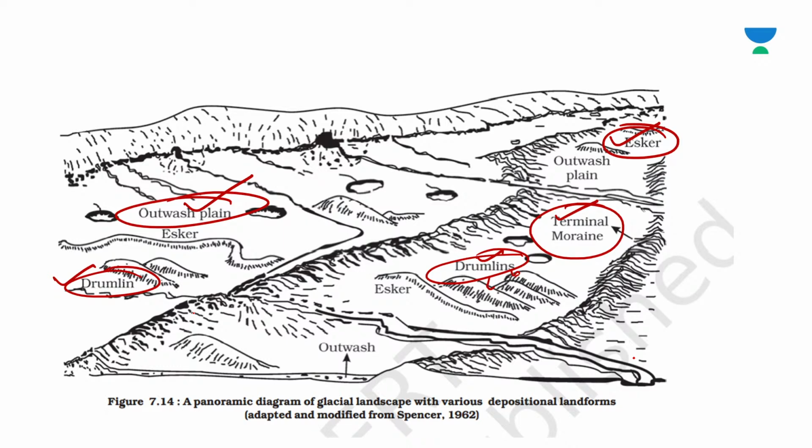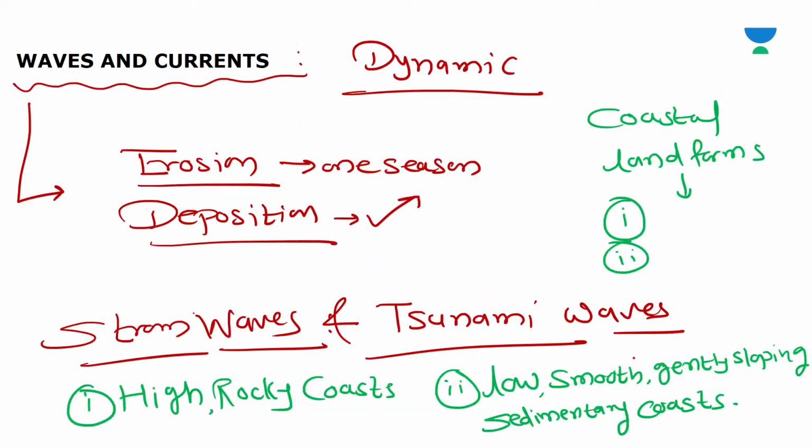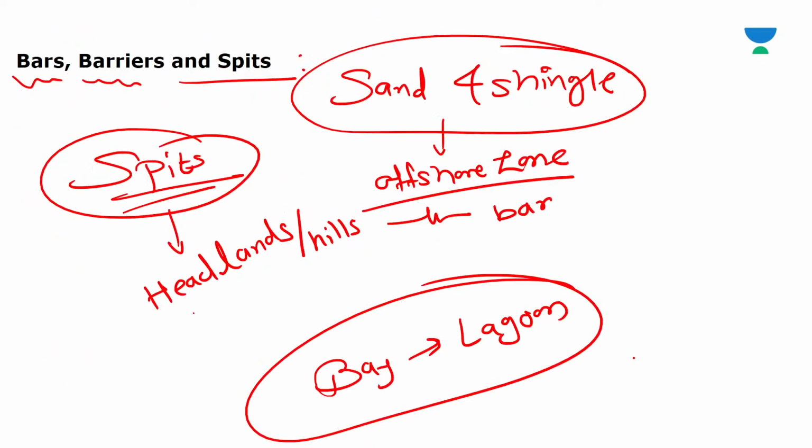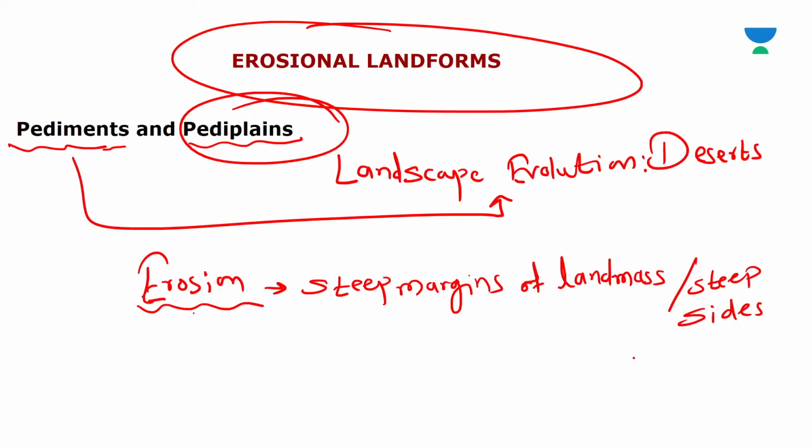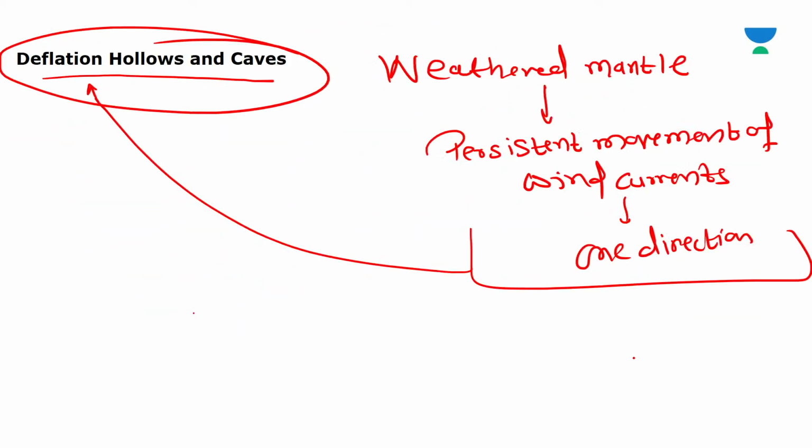Then winds: playas, deflation hollows and caves, the mushroom table and pedestal rocks. Then we have covered the depositional landforms and sand dunes.